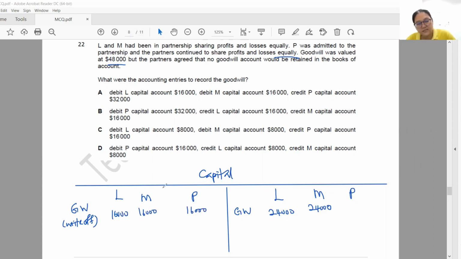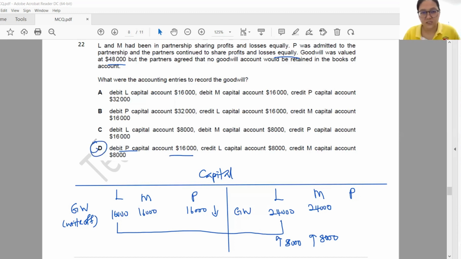So now the differences: this one will increase 8,000, same here, increase 8,000, but P will decrease 16,000. Therefore, the double entry will debit P 16,000, and then credit L 8,000 and M 8,000. So the answer will be D.